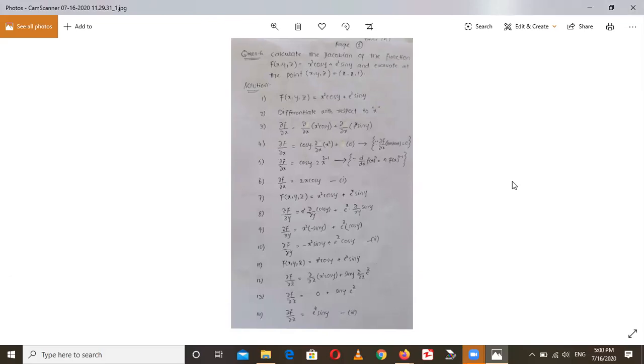So cos y will be moved forward from the derivative, because the derivative will not be applied to anything other than x. So I moved cos y forward, preceding the derivative, and wrote the derivative del by del x only with x square.